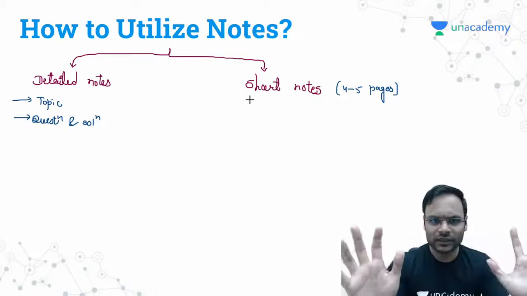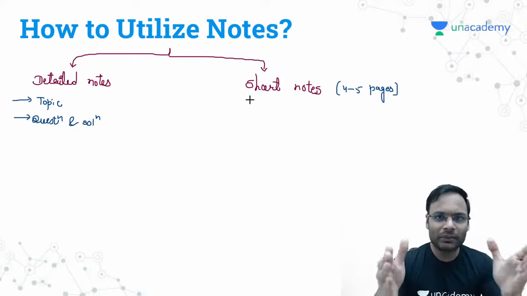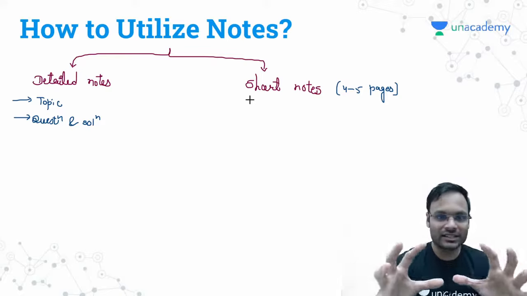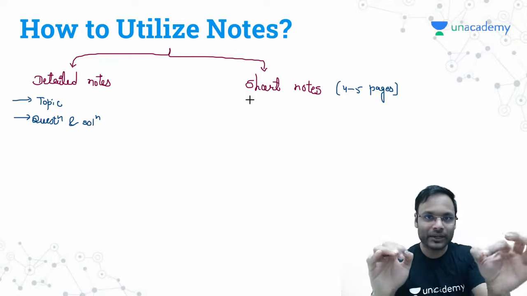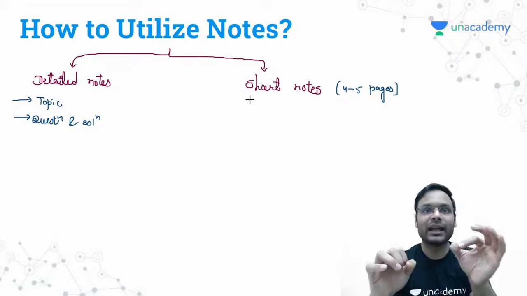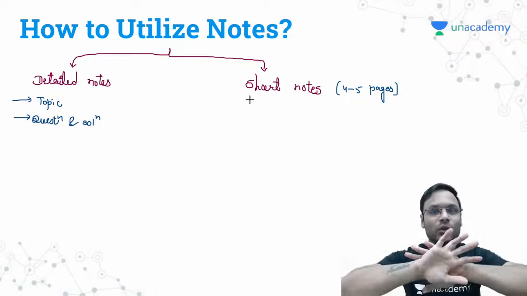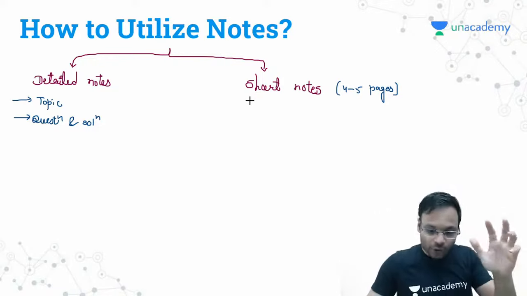Like if I ask you a very simple question, how many binary search trees are possible using n distinct keys, the answer is a formula of the Catalan number, 2n combination n divided by n plus 1. That's a formula you will have to remember as it is. There is no concept behind it. You don't have to remember any concept behind it. And how do you remember it?